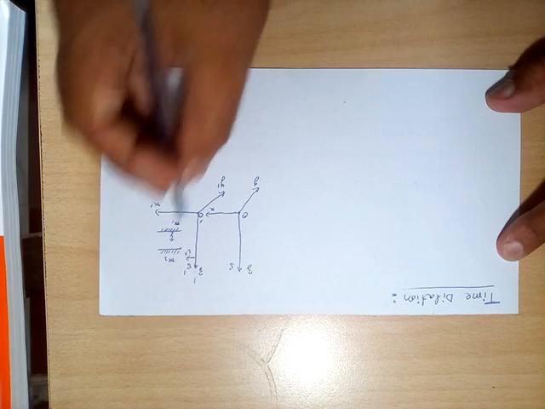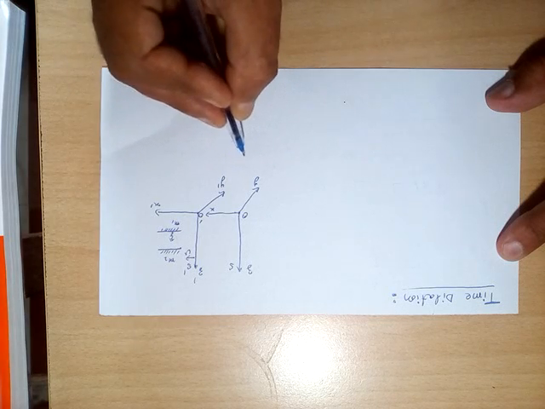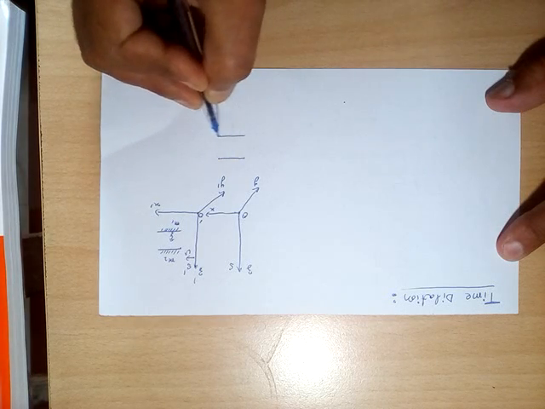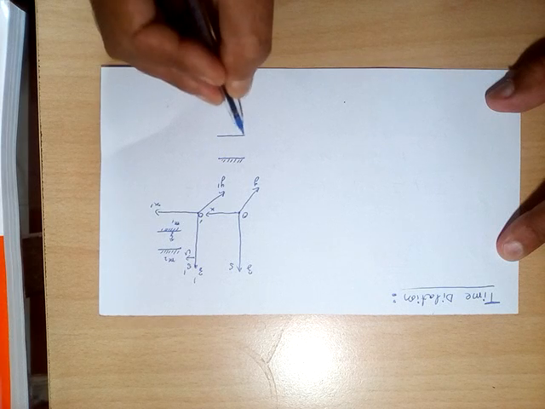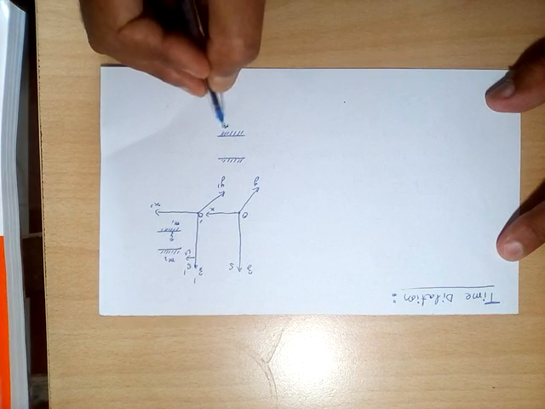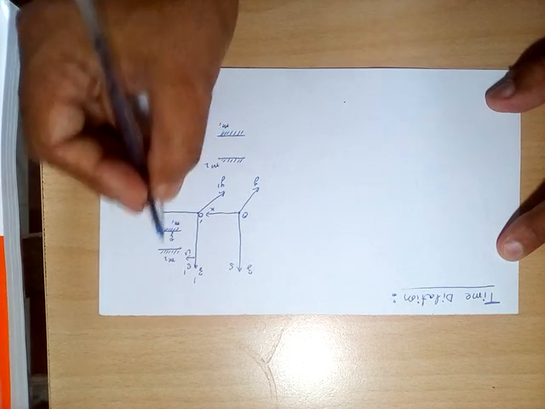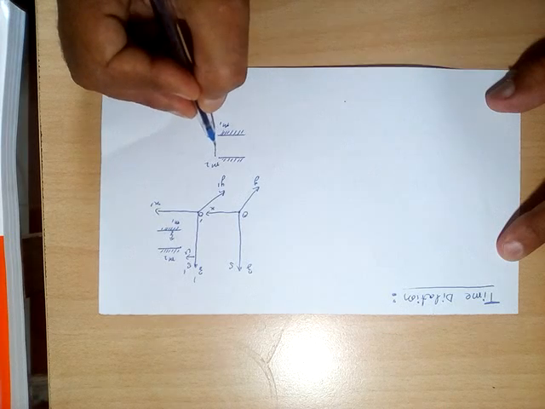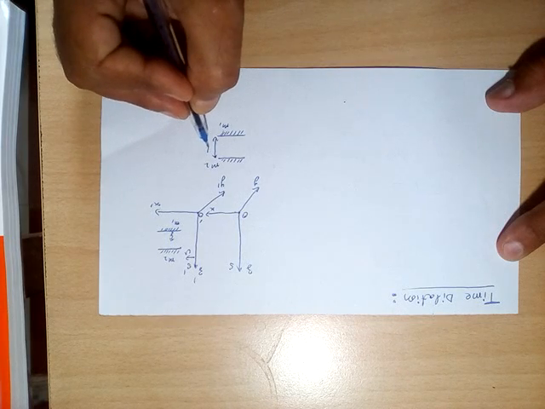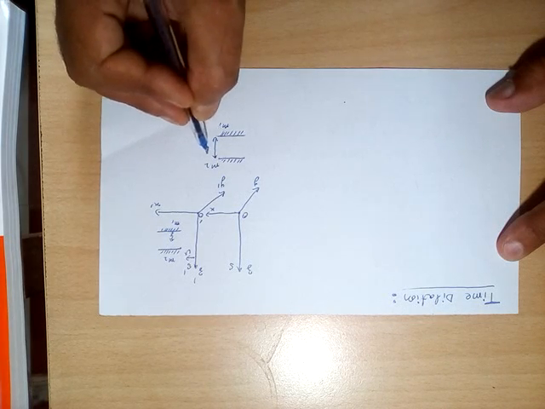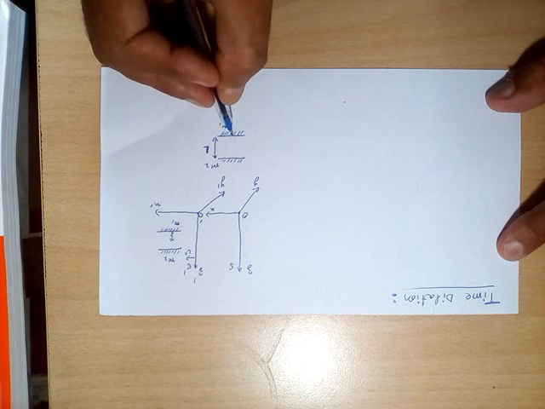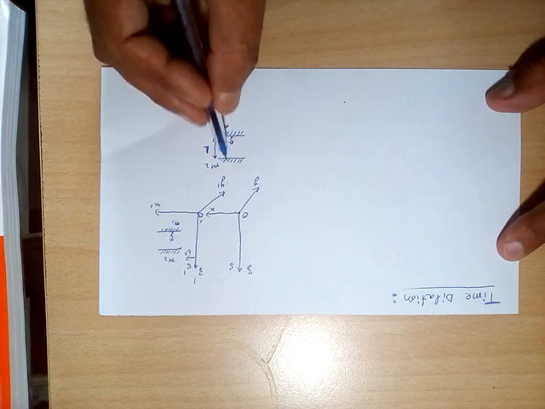So I will draw it here, these two mirrors M1 and M2, and here we will consider that the separation between these two mirrors is L, and this signal will oscillate between these two mirrors.